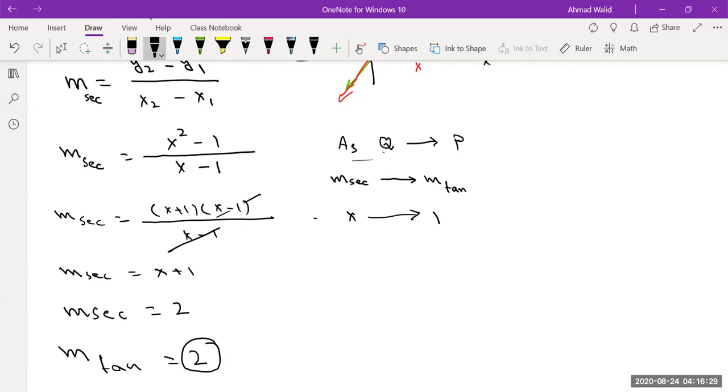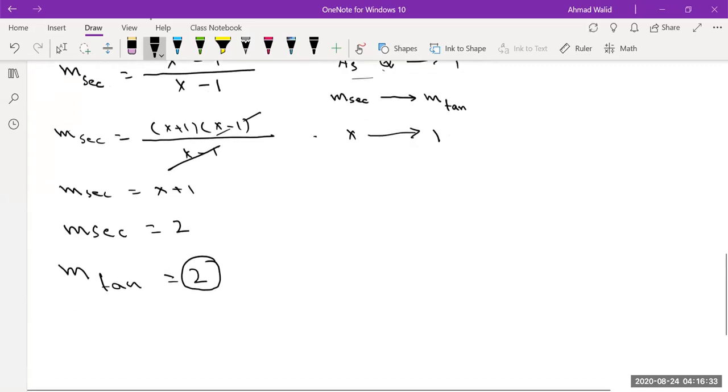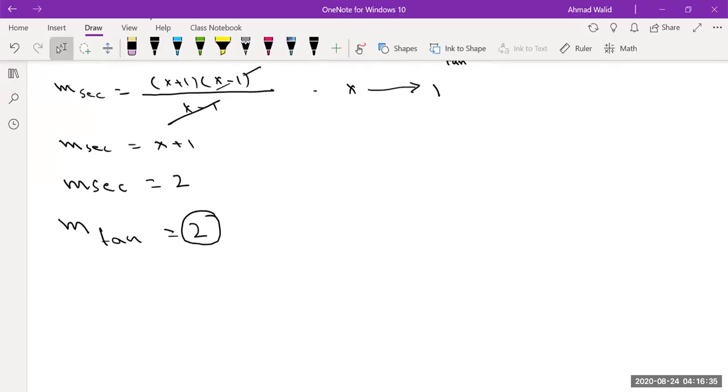You have the slope and 1 point on the graph. Isn't it easy to write the equation of the tangent line? It's a piece of cake now, right? What was our formula? y minus y1 equals m times x minus x1. Your y1 was what?